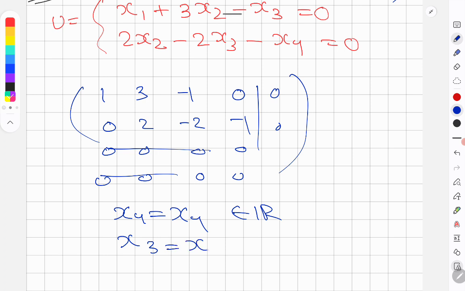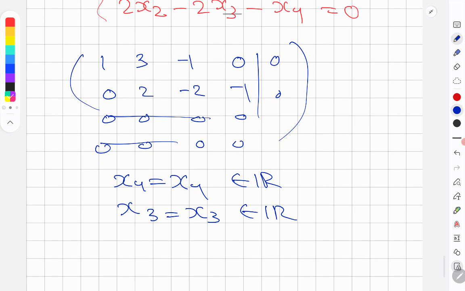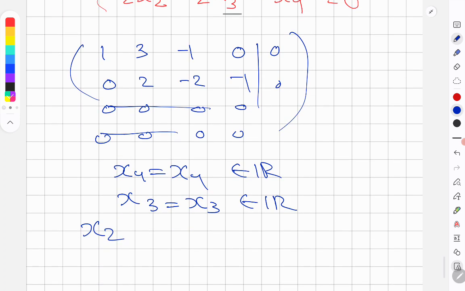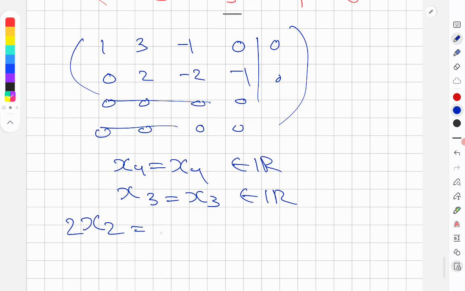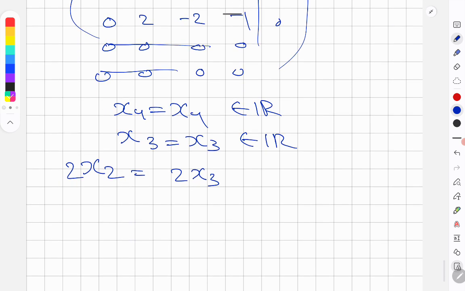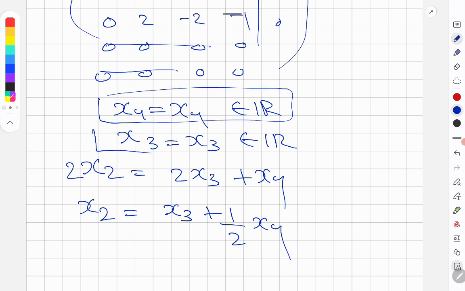x3 is equal to x3, belongs to R, then x2. Here you have 2 times x2, right? You can keep x2 on this side and the rest on that side. So it will be 2 times x3 plus x4. So x2 will be x3 plus half of x4, correct?